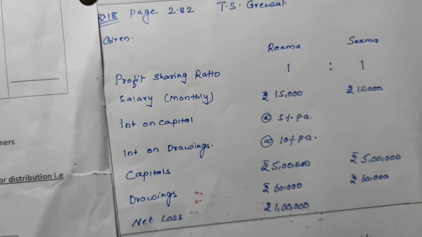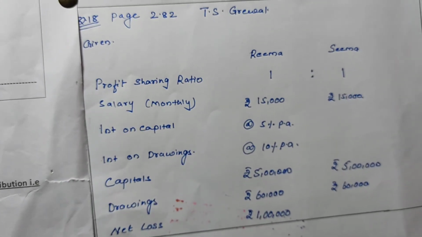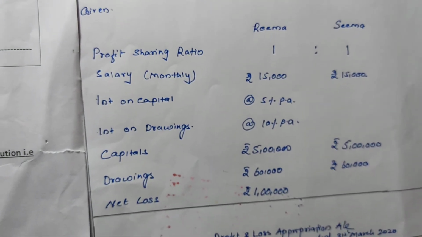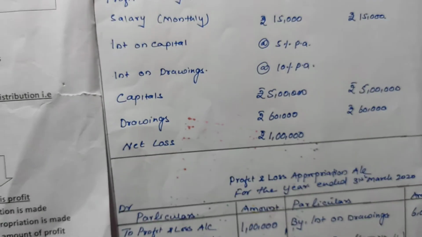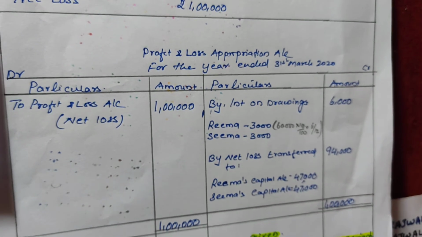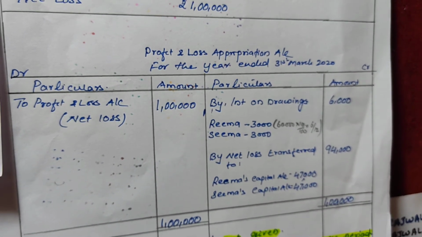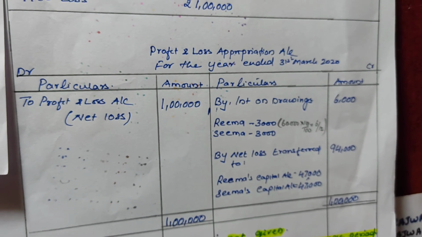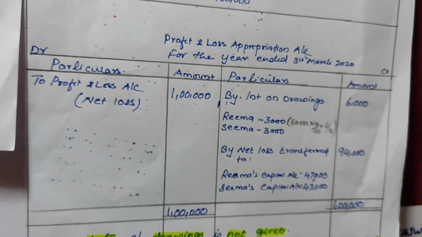Now how to prepare the profit and loss appropriation account? When the net loss is given, what we have to do? We do not have to give any appropriation of profit to the partners, because here the firm is suffering the loss, there is no profit to be distributed, so we will not write any interest on capital.